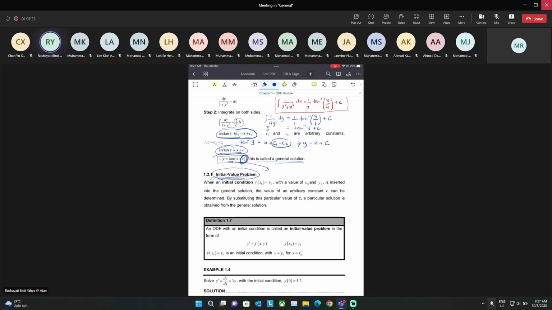Otherwise, your solution is only up to the general solution, which is in the form of C here. If the IVP is given, you can find the particular solution, because you can get the value of your constant, so that you can get your particular solution.